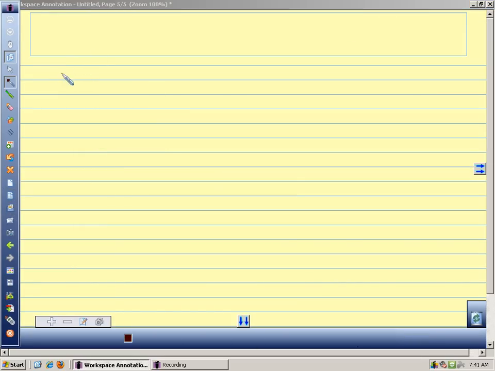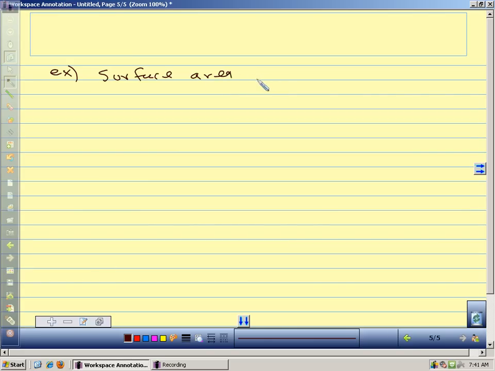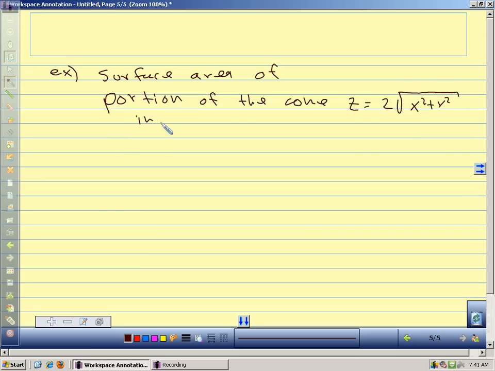All right, so our job this time, we want the surface area of the portion of the cone z equals 2 square root x squared plus y squared inside the cylinder, x squared plus y squared equals 11.